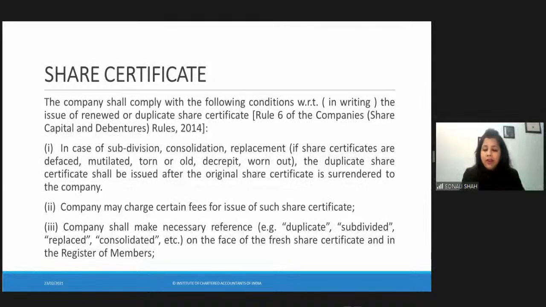So wherever a new or duplicate share certificate is issued in case of subdivision, consolidation, and replacement, and if the share certificates are defaced, mutilated, torn, old, decrepit, or worn out, the old share certificate will be surrendered to the company. For issuing the duplicate share certificate, the company is allowed to charge certain fees, and they will have to make necessary reference to the old certificate on the face of the fresh certificate and in the register of members.